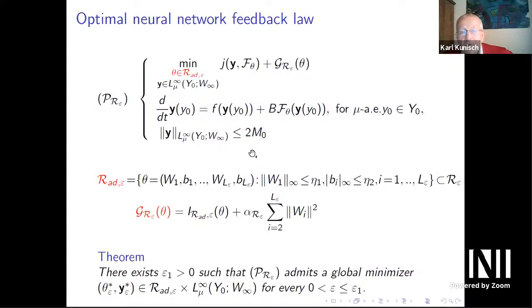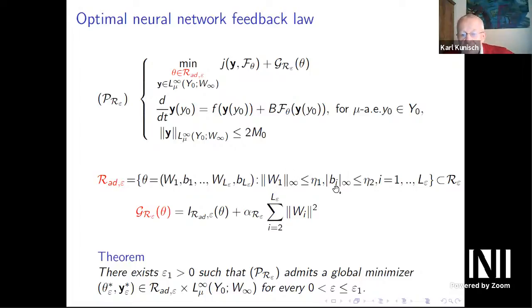Number two: now we set up the optimal control problem based on the network approximation. This is almost the previous formulation, just with u replaced by f_theta, but we need to guarantee existence of solutions to this problem. How to guarantee this?